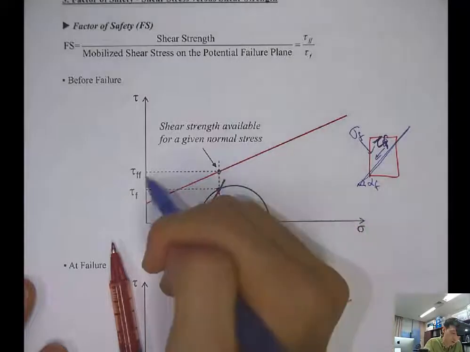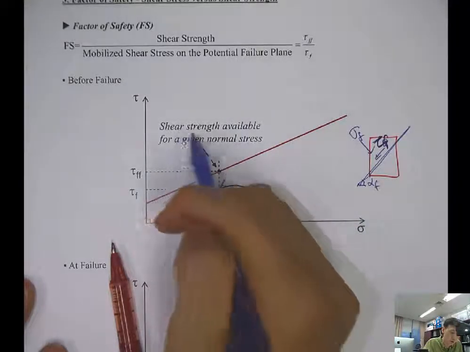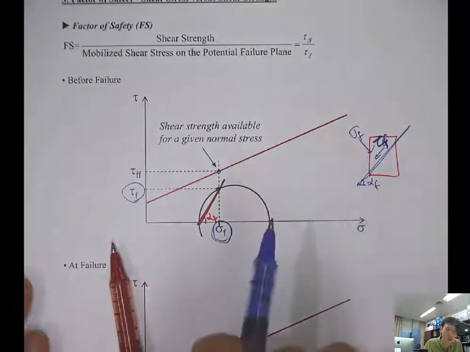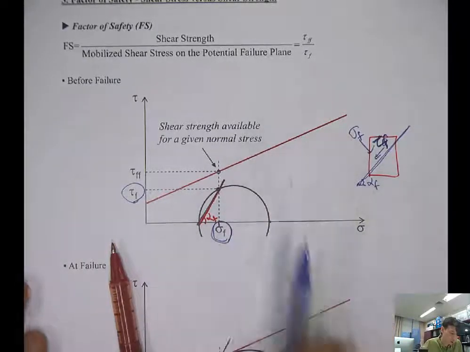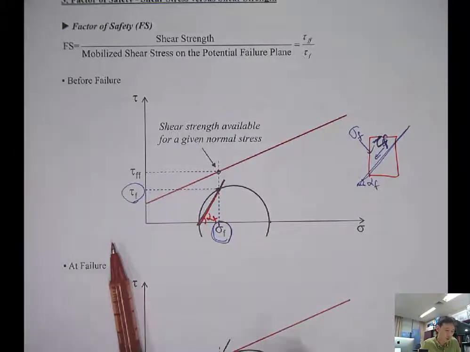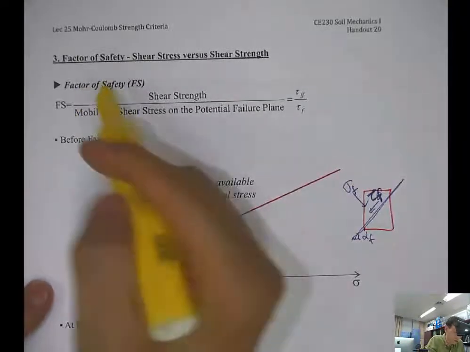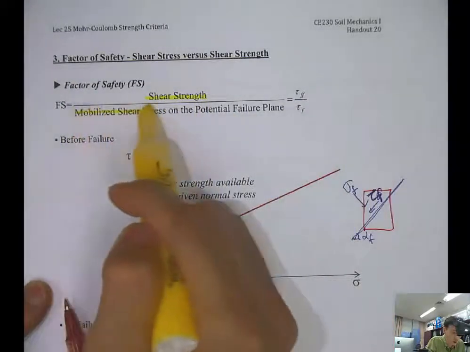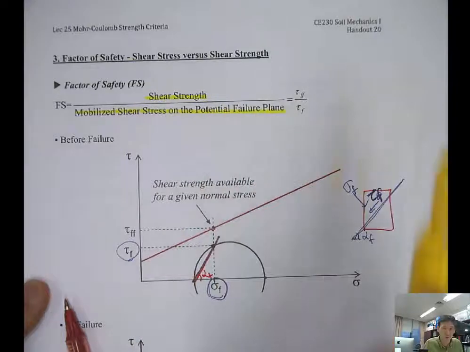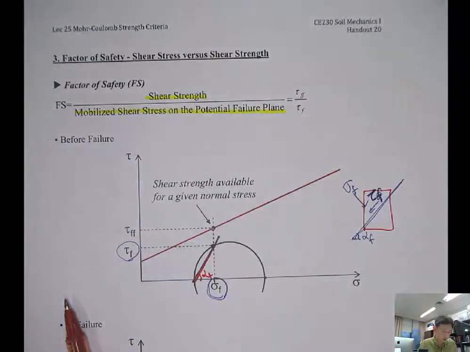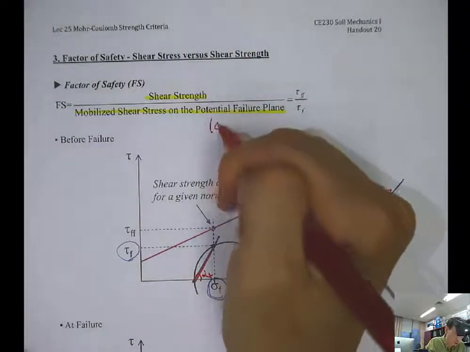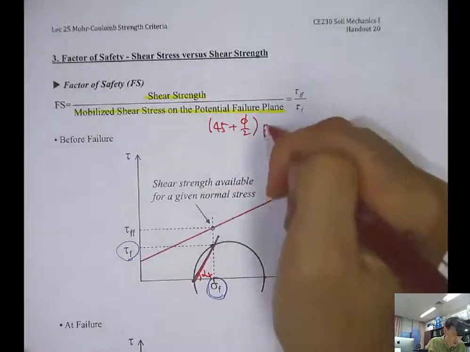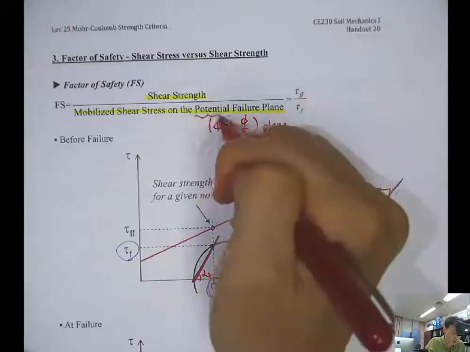Then we can compare this tau ff, which is the shear strength, to the shear stress on that potential failure plane. So the factor of safety for this stress condition is given by the shear strength over the mobilized shear stress on the potential failure plane, which is in short the 45 plus phi over 2 plane.